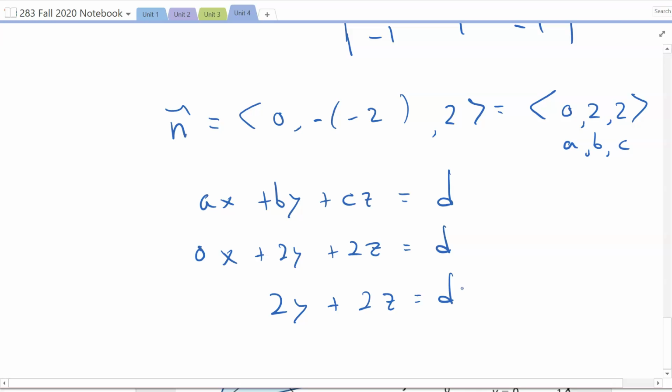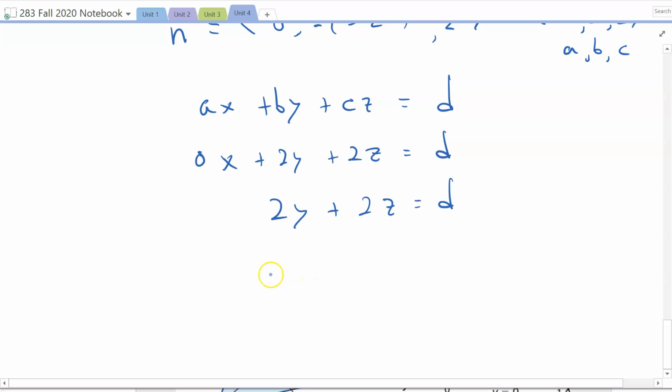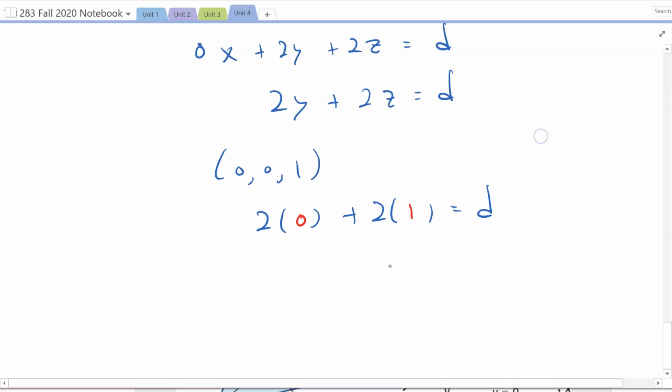Now what we need to do is plug in any point we know is on the plane. I'm going to pick the point at the top of the pyramid, (0, 0, 1), and plug that in for x, y, and z. So it'll be 2 times y plus 2 times z equals d. We're plugging in 0 for y, 1 for z. That's going to give us that d is equal to 2.